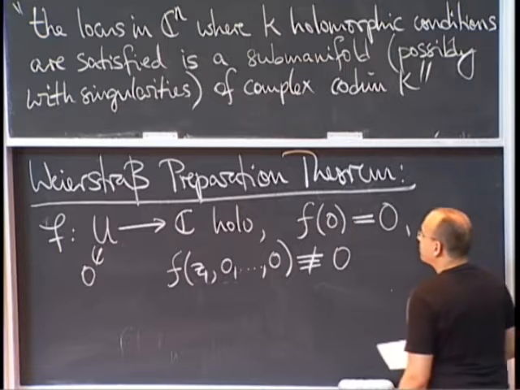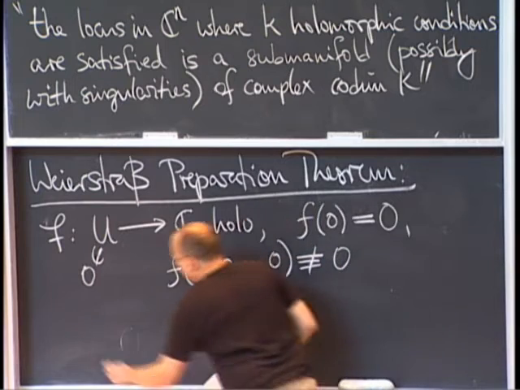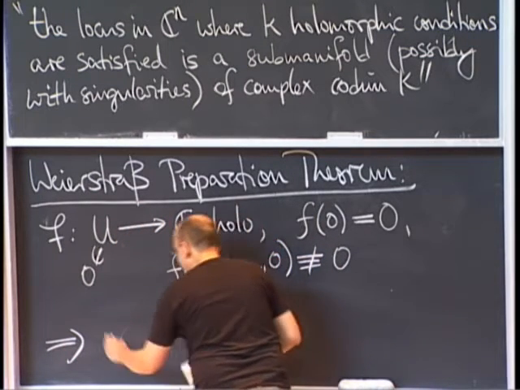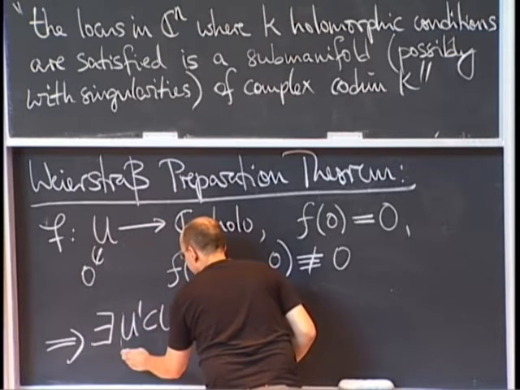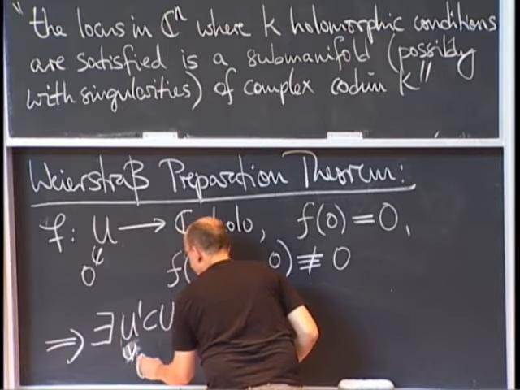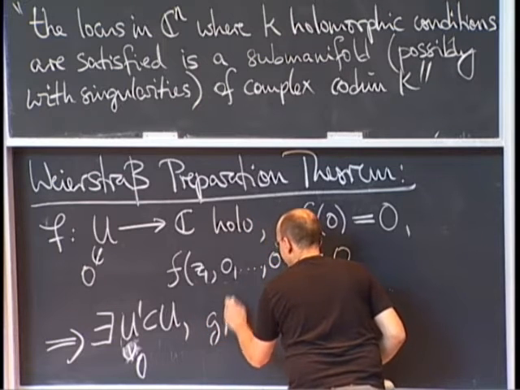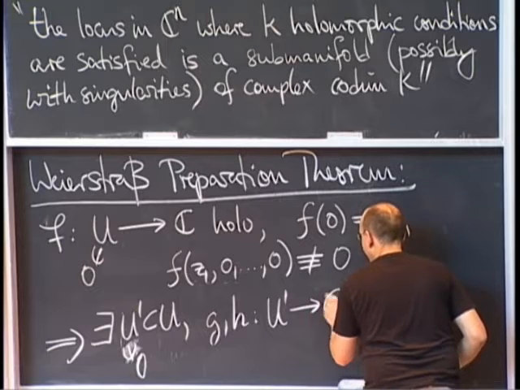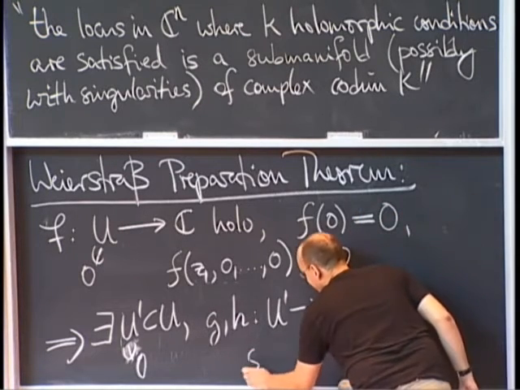So then the statement is the following. Unfortunately, it's not going to fit here. There exists a smaller neighborhood, U prime, containing the origin, and holomorphic functions g and h on that smaller neighborhood such that the following holds.